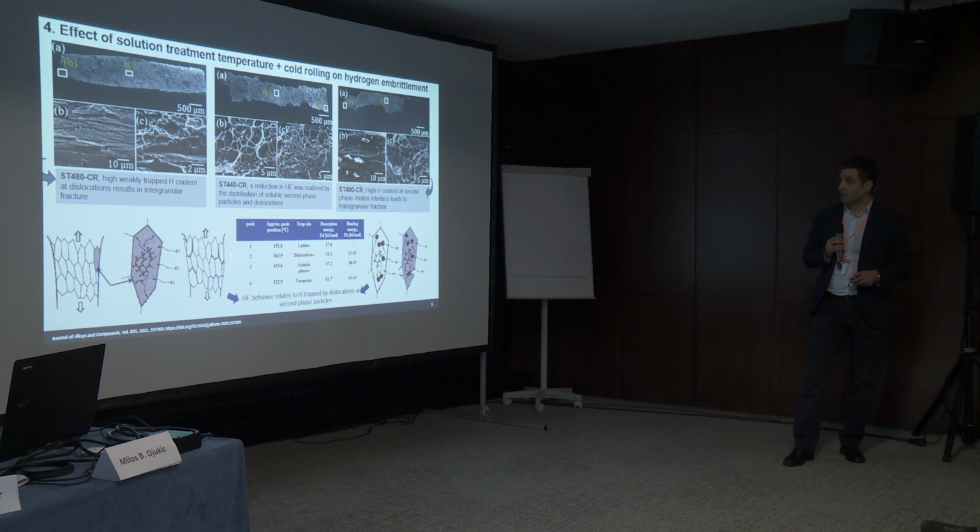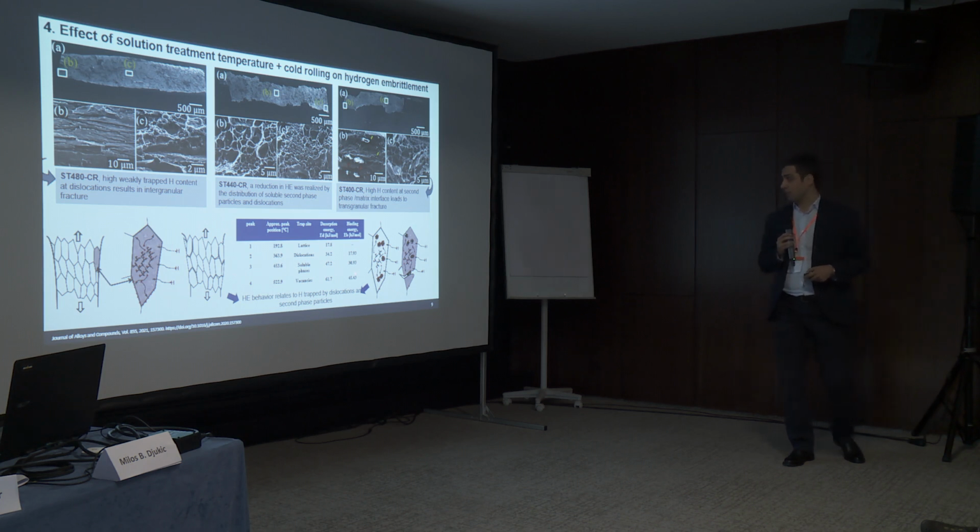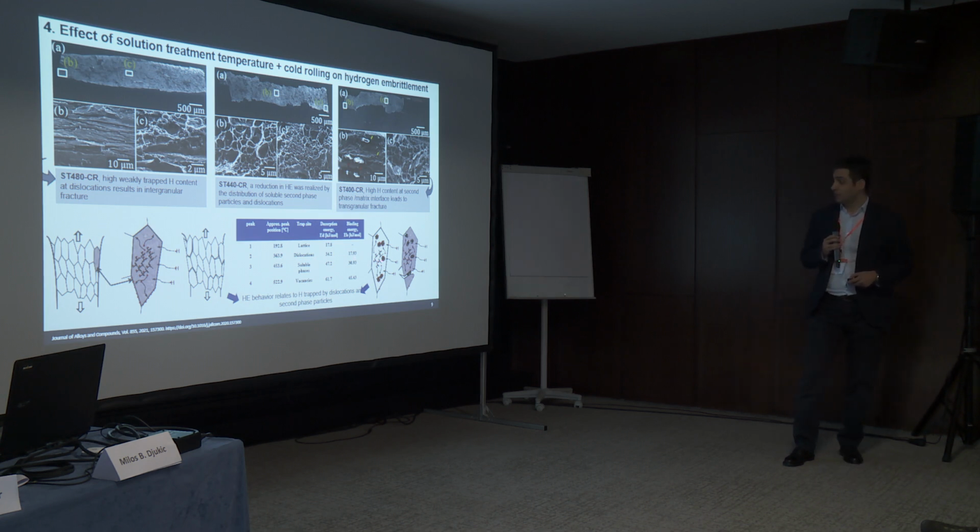And then here again, when we analyze the trap sites, we can look at the high energy traps, especially here that is the soluble phase, and then we can see that with the changing of them, we will have a change in the possibility of crack initiation around these particles.